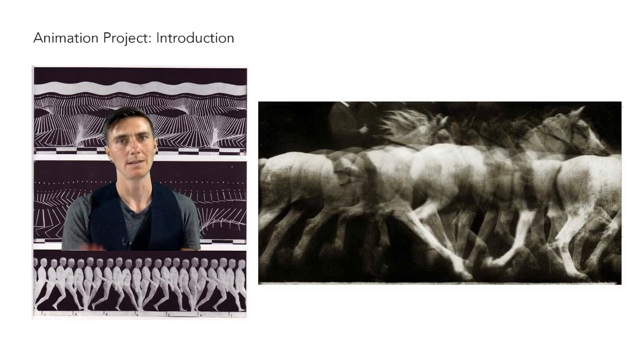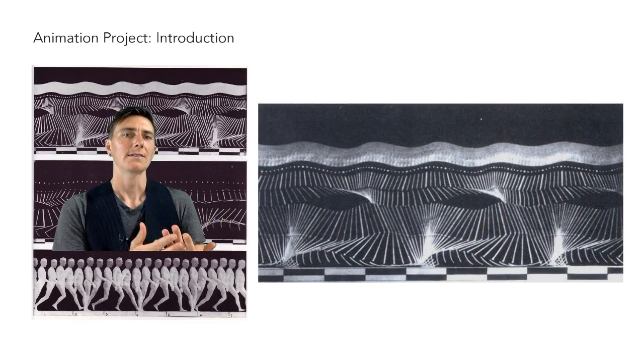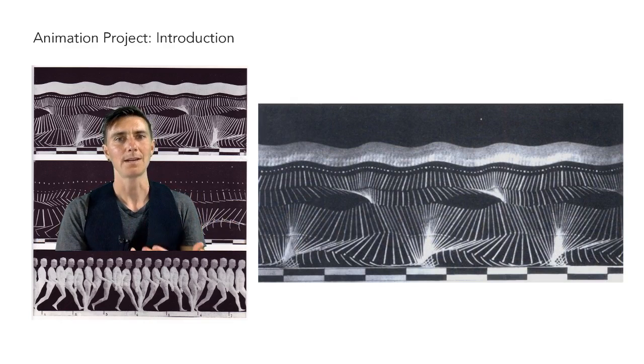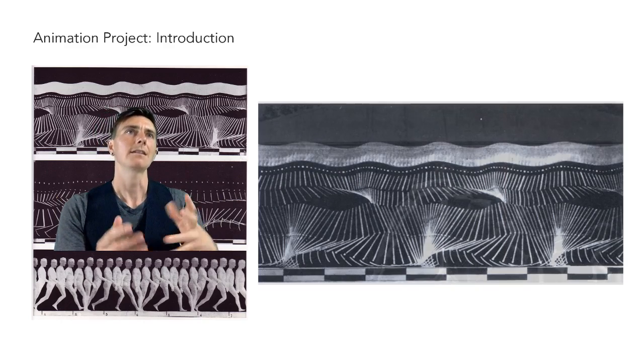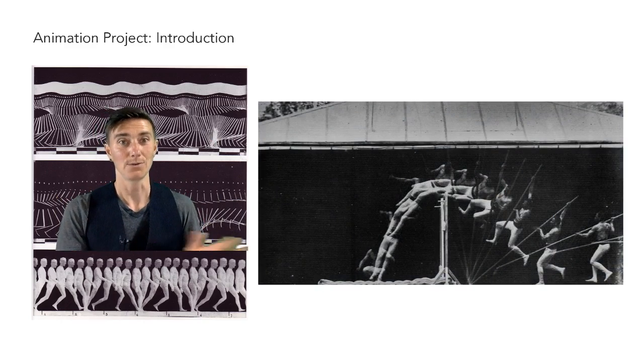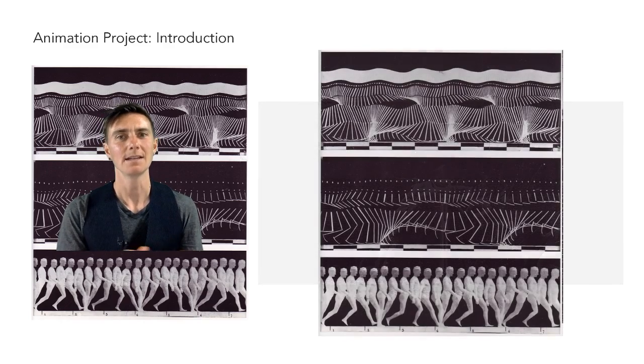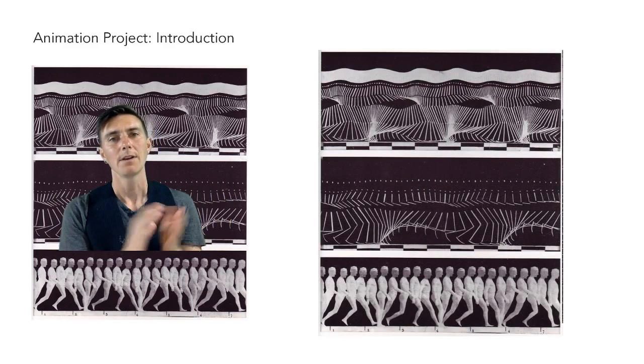One is going to be the animated GIF or GIF, I never know which one, and the other is going to be a still image that overlays each of these different frames of movement that you're capturing on a single layer, or in a single composition. You can use multiple layers because layers are very powerful and flexible, but those are all going to be compiled in a single image.